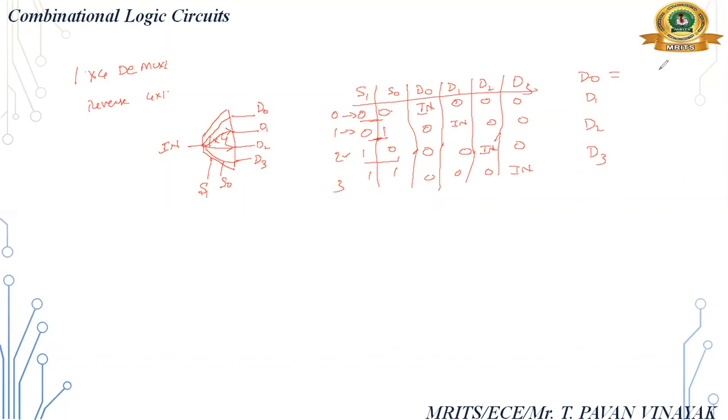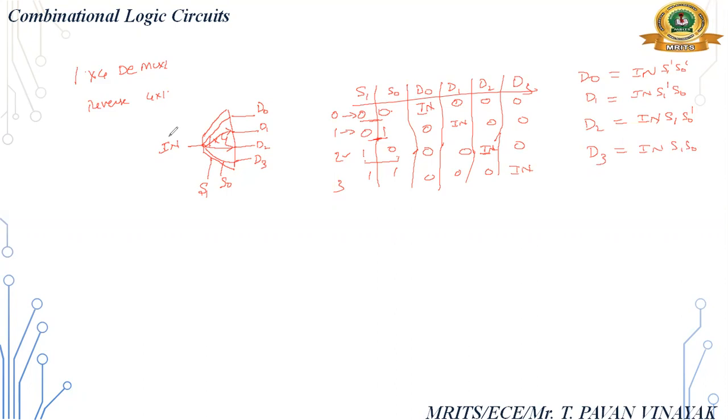So D0, IN, S1 is 0, S0 is 0. So S1 bar, S0 bar. D1, IN, S1 bar, S0. Again D2, IN for 1, 0. So S1, S0 bar. D3, IN, S1, S0. Okay, this is one type of truth table.